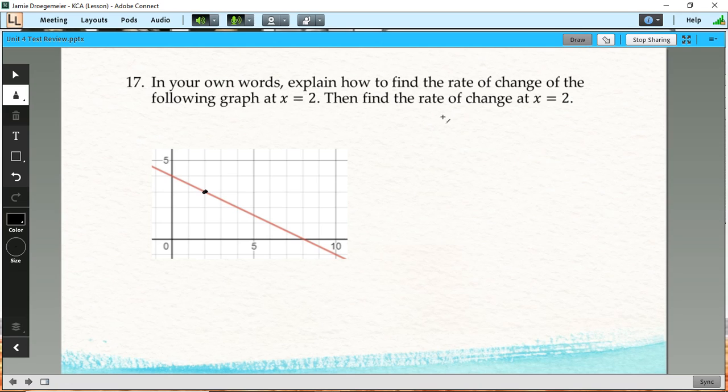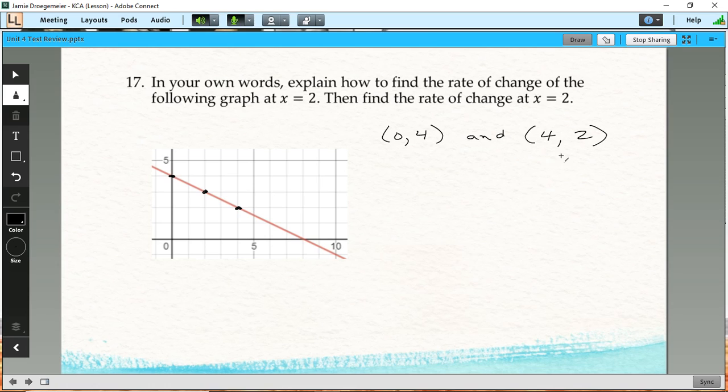If we want to find the rate of change at that point, we want to pick 2 points on the graph that are on either side of that point. So I'm going to pick the points (0, 4) and (4, 2). We want to pick 2 points on either side of that x equals 2.